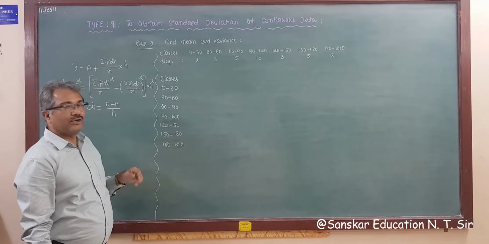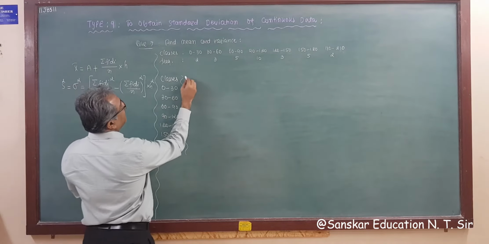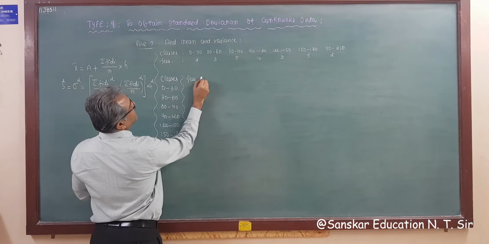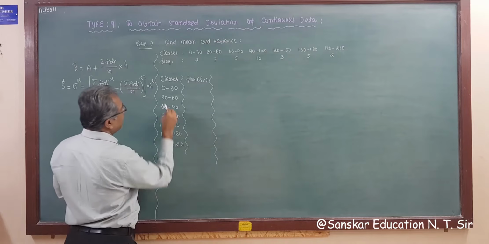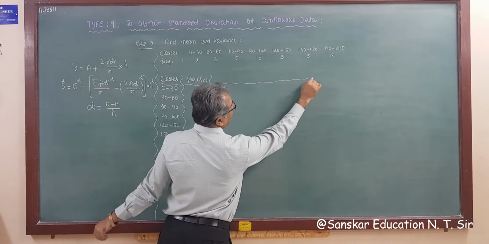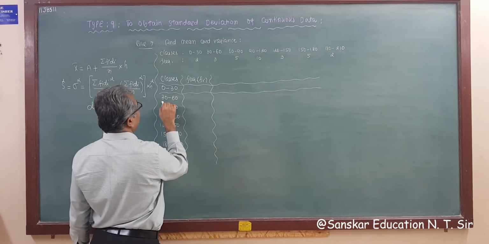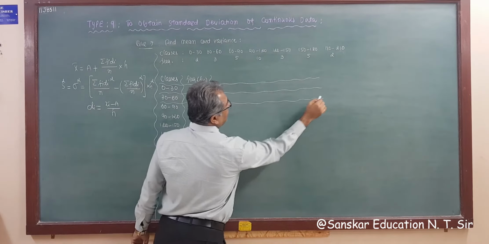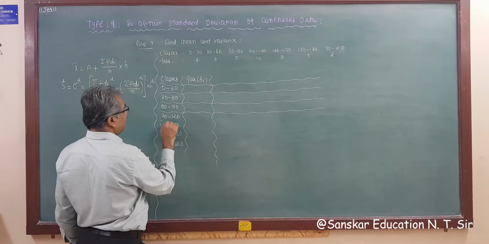Then the frequency fi is given, so we have to draw a table. That's why I am drawing a horizontal line, so that data never gets interchanged, right?